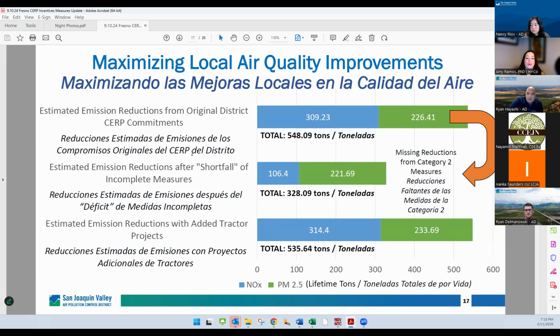This is trying to show that if we were to reallocate some of these funds, this would fill in some of the shortfalls that we're expecting from some of those other measures not being able to be completed. When we all got together in those first meetings, the goal was to identify ways to reduce emissions, understanding how much that means in terms of better health outcomes for the people living in the communities.